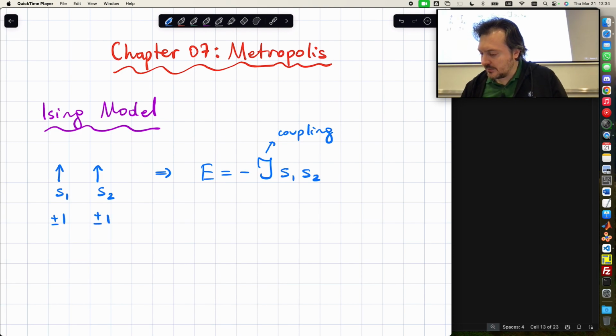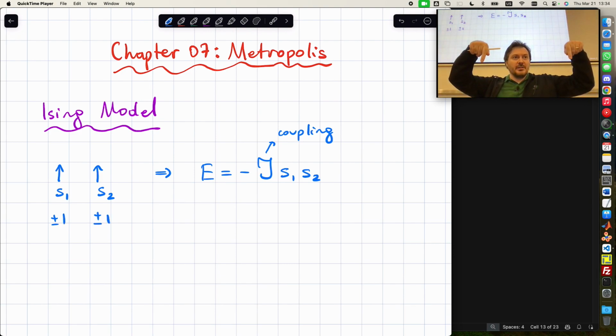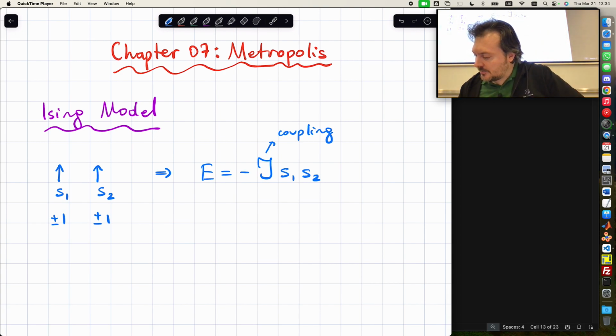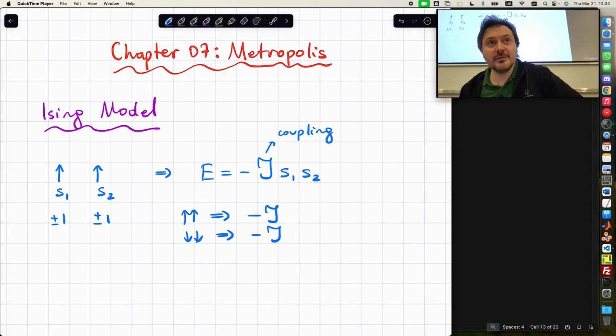They can be both up, both down, one up, one down. If they are both up, the energy of the system is minus J. Both down, energy is minus J. Up, down, plus J. Down, up, plus J.